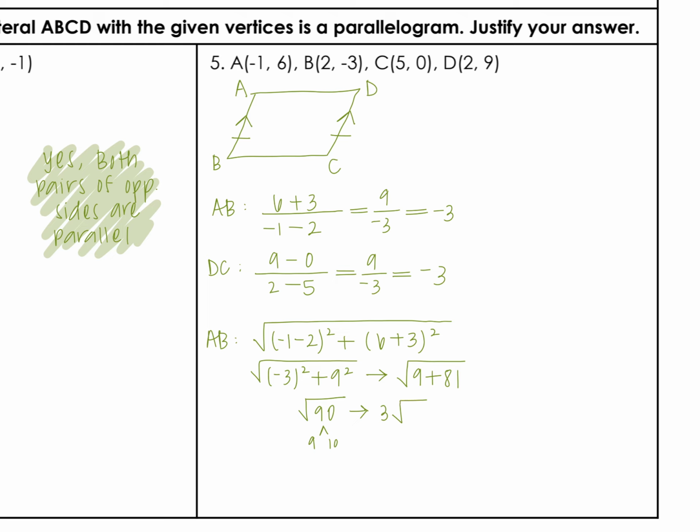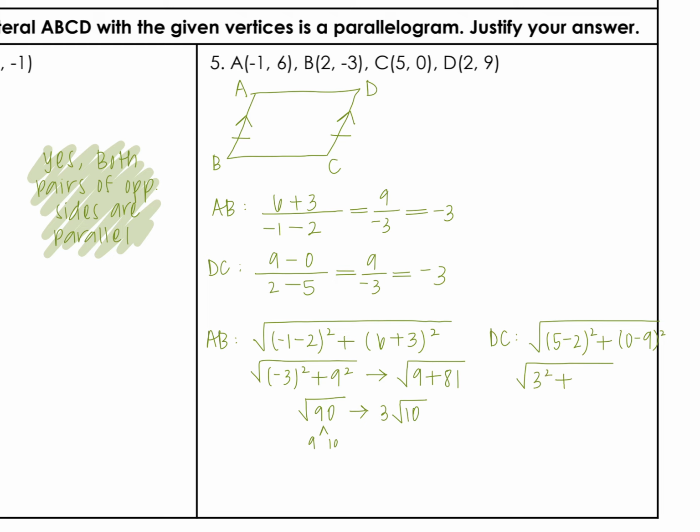Now let's check out DC. Okay, so for DC, we can do 5 minus 2 squared plus that 0 minus 9 squared. We'll get 5 minus 2 gives me 3 squared.